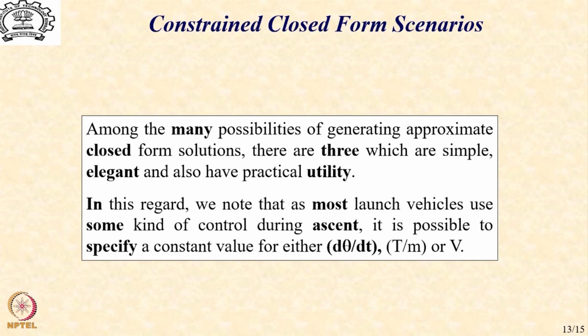In this regard, it is worth noting that most launch vehicles will use some kind of control mechanism during its ascent mission, and therefore it is possible to assume that we would have a control to maintain one of the three variables, that is either d theta by dt or T by m or v.